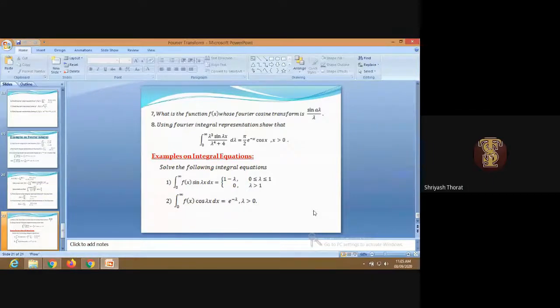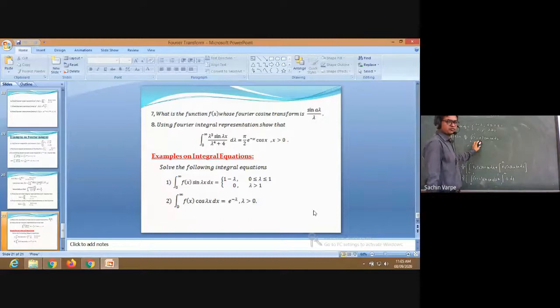Solve this. Sir, can we use Bernoulli's rule? Bernoulli's, yes, of course. Actually, Bernoulli's rule is the generalized integration by parts, remember. So here this is of order 1. This is u and this is v.